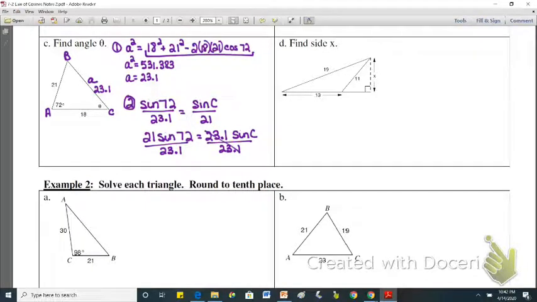And then to find C, or in this case theta, we're going to do sine to the negative 1 of whatever that number was when I typed 21 sine of 72 divided by 23.1. And I end up with 59.8 degrees.